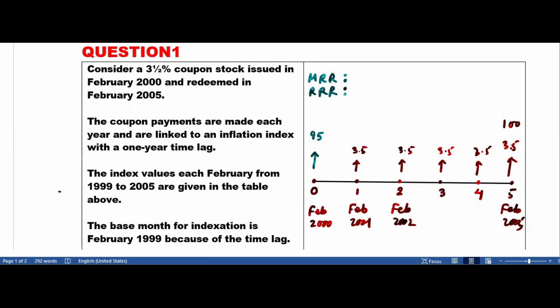I hope you are able to hear me. Try. How will you find the money rate of return?